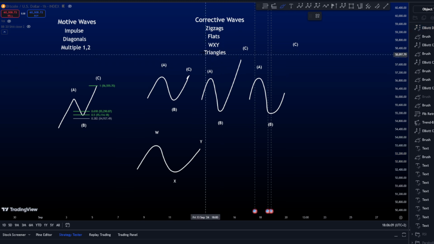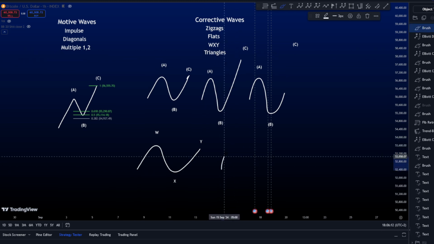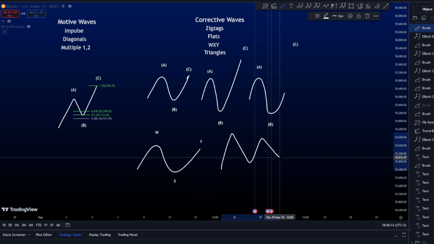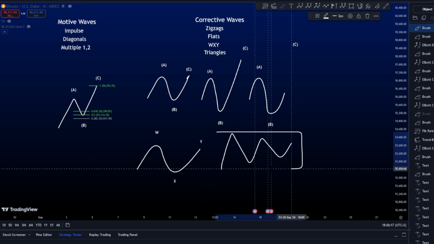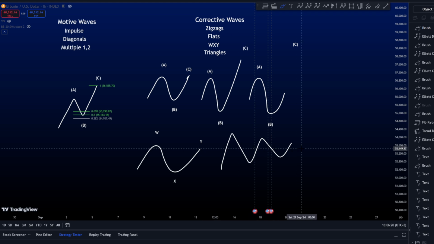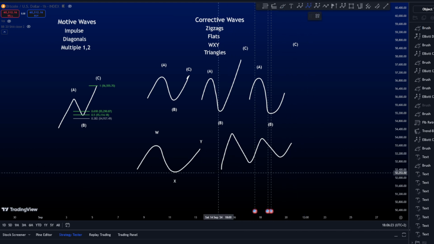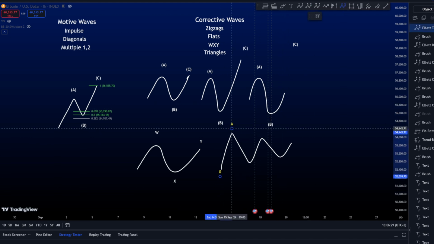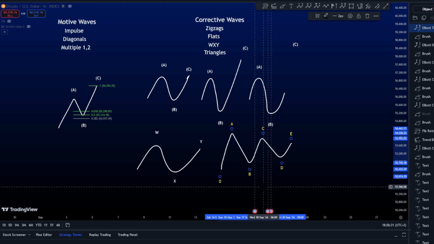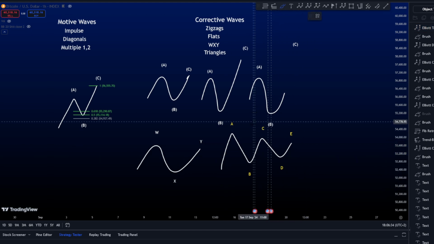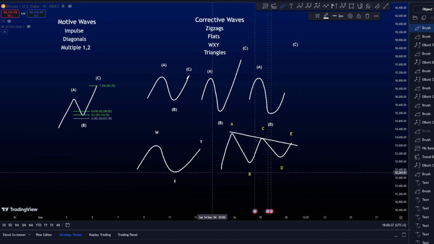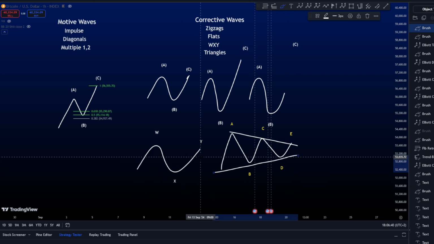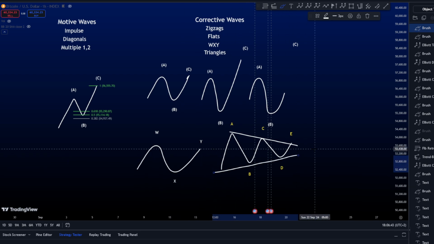Now, there is one more pattern. It is a triangle, and in the triangle, you want to see 5 waves which are ranging almost in the same area the whole time and going sideways, right? You want to see 5 waves marked as A, B, C, D, and E. This is your triangle pattern where you want to see the waves contracting toward each other, but sideways, not in upper waves or down waves, because that becomes a diagonal, right?